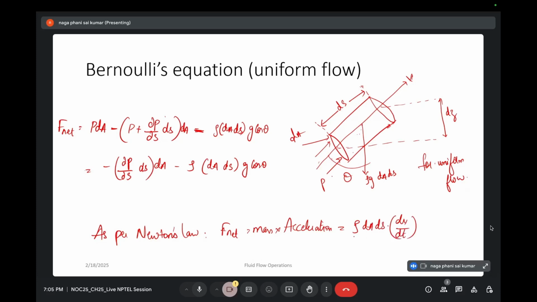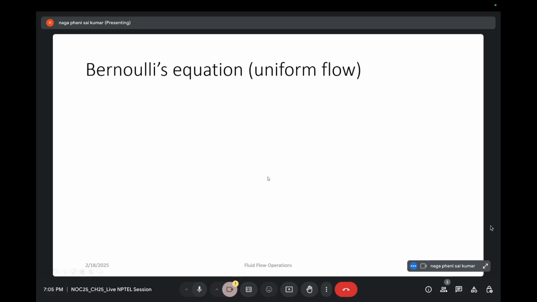This is the acceleration and this is the mass. Let's say this is equation 1 and this is equation 2. So from 1 and 2, if we equate them, we have dv by dt equal to minus 1 by rho into dou P by dou S minus g cos theta.